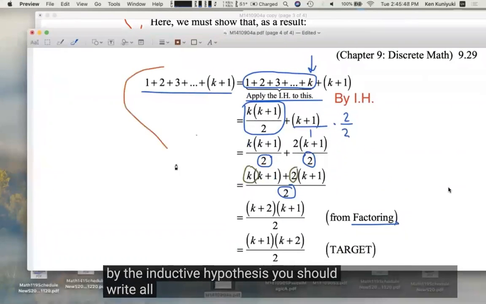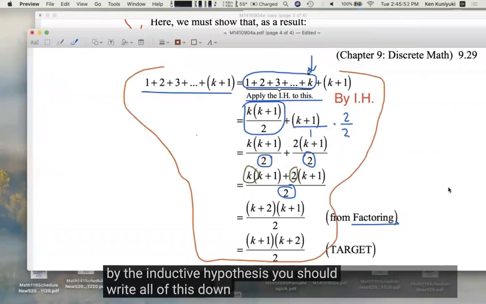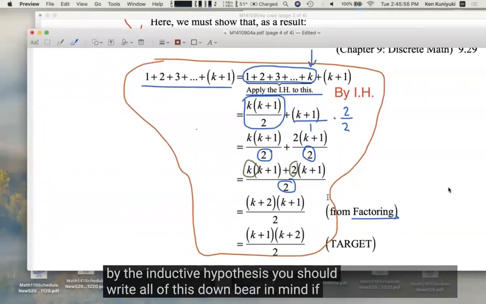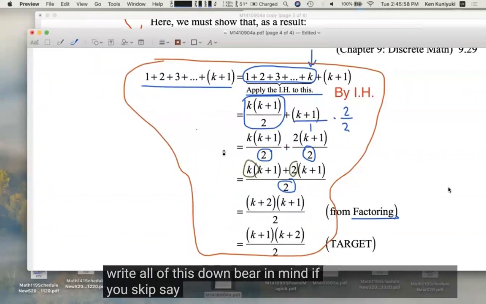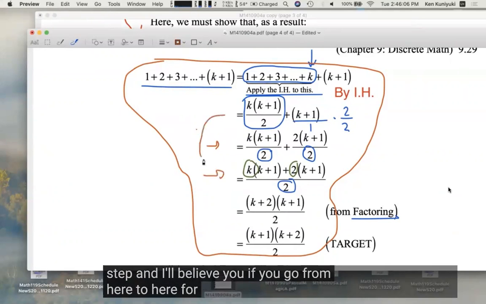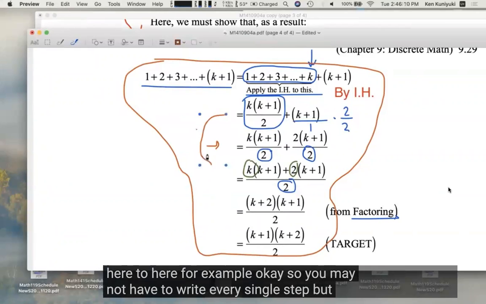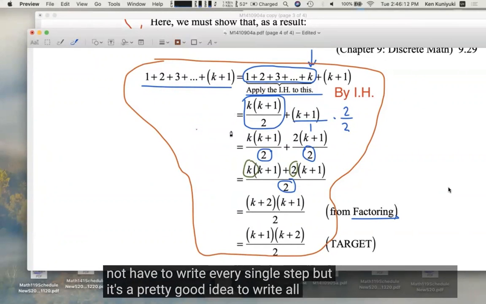You should write all of this down. Bear in mind, if you skip, say, this step here, it's okay if you then write this step. And I'll believe you if you go from here to here, for example. Okay. So you may not have to write every single step, but it's a pretty good idea to write all these steps.